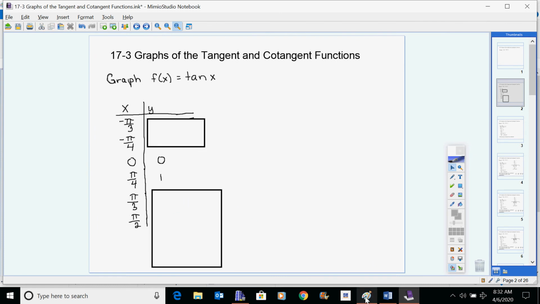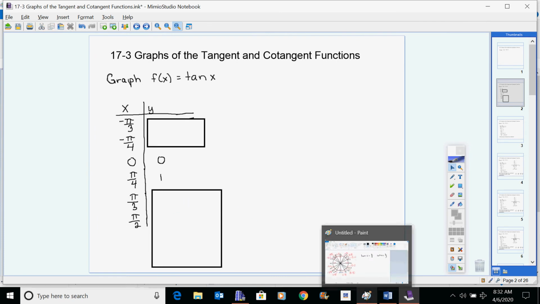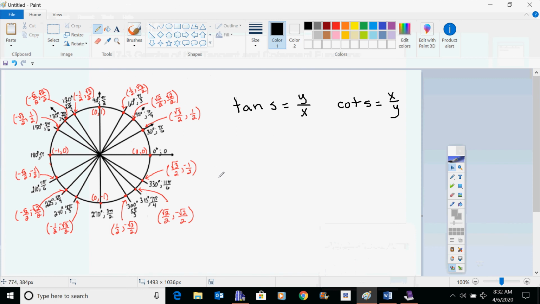When we do something like pi over 3, we get square root of 3 over 2 divided by a half. That would give you square root of 3. You can put it right in the calculator if you want, to get an approximate value.